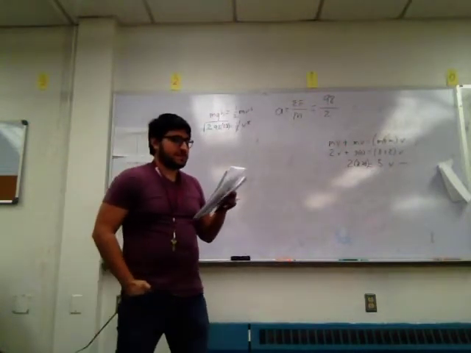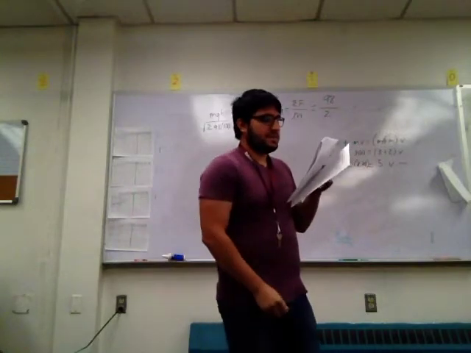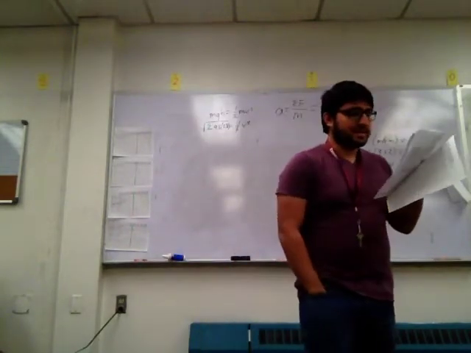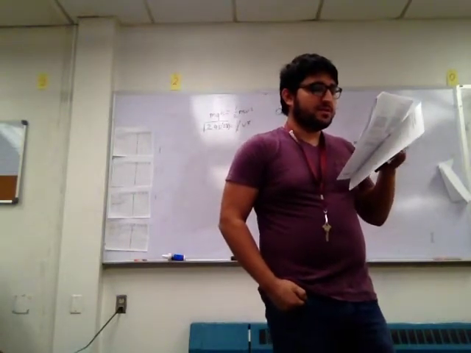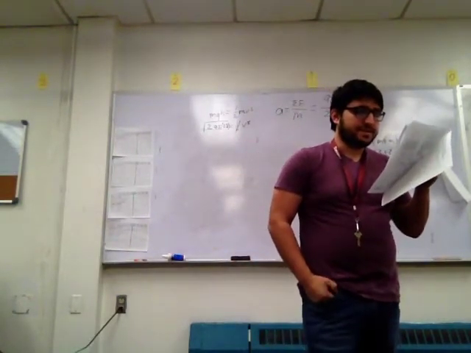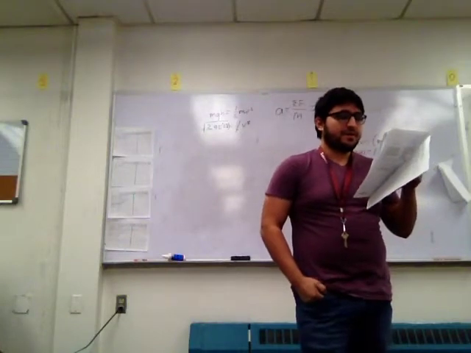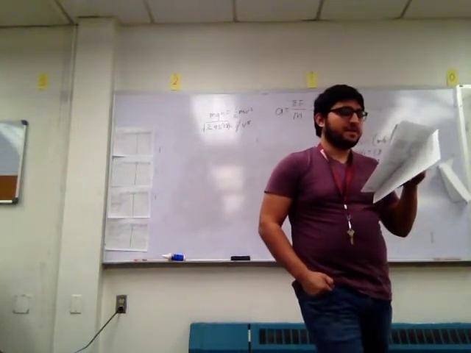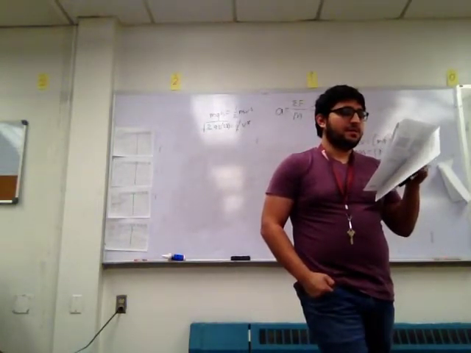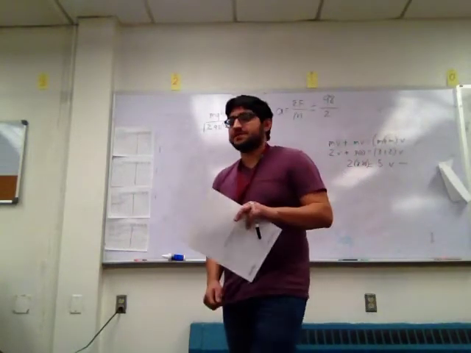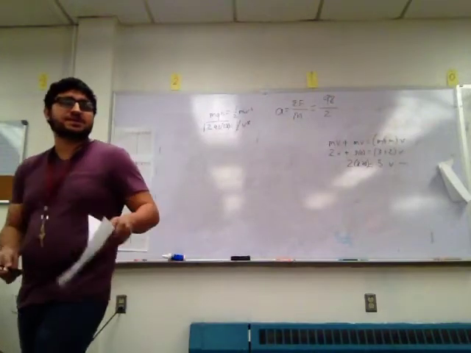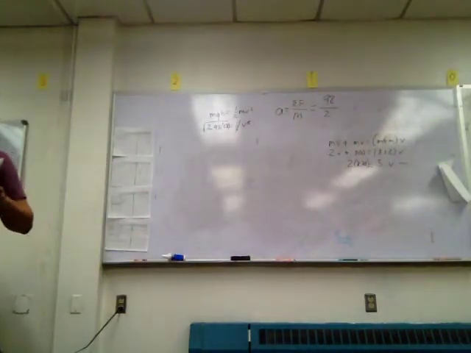D, 16. An elevator carrying a person of mass m is moving upward and slowing down. How does the magnitude of F, the force exerted on the person by the elevator, compare to the magnitude of mg, the gravitational force? So I feel like we talked about this just this week. So go ahead and try this one. Picture what's going on.